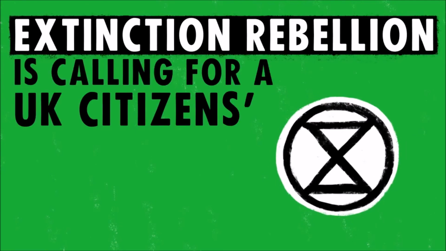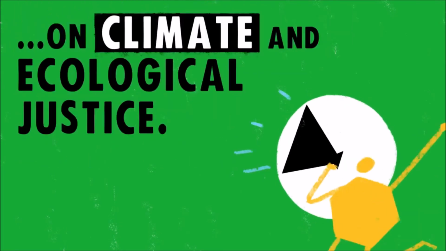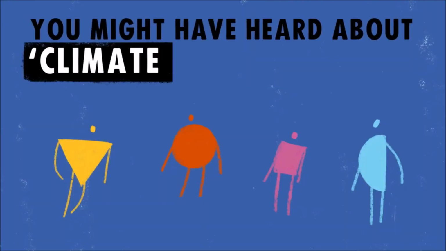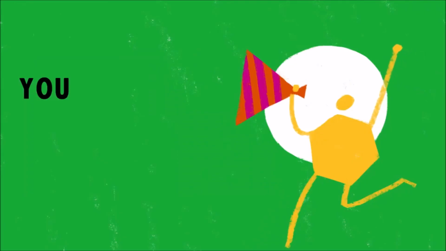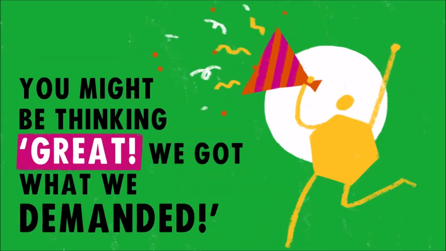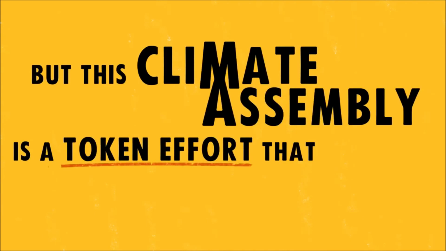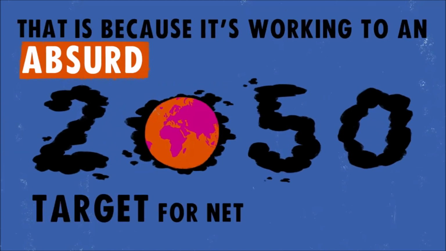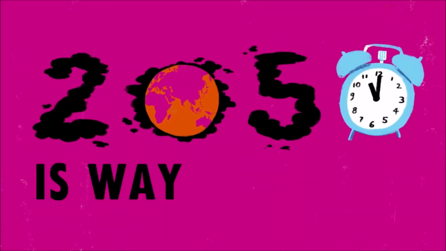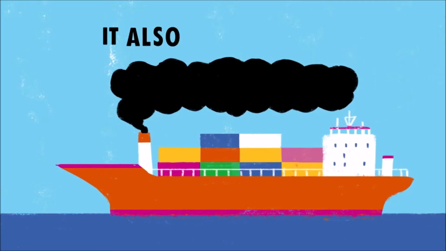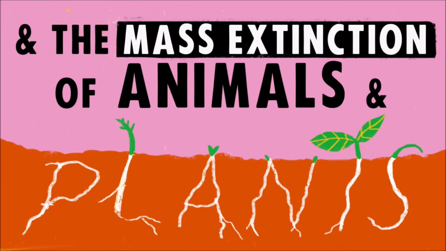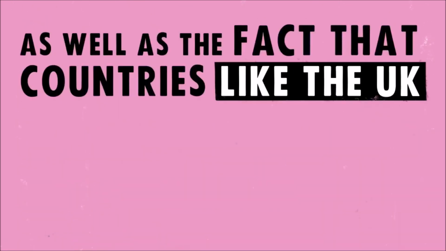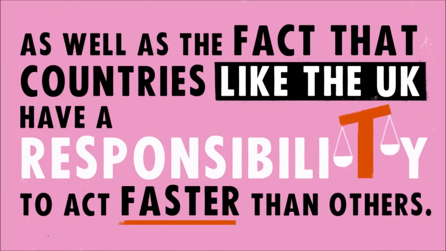Extinction Rebellion is calling for a UK Citizens Assembly on climate and ecological justice. You might have heard about Climate Assembly UK, with over 100 randomly selected people from across the country. You might be thinking, great, we got what we demanded. But this climate assembly is a token effort that won't solve anything. That's because it's working to an absurd 2050 target for net zero emissions. 2050 is way too late. It also ignores all emissions from trade and the mass extinction of animals and plants, as well as the fact that countries like the UK have a responsibility to act faster than others.